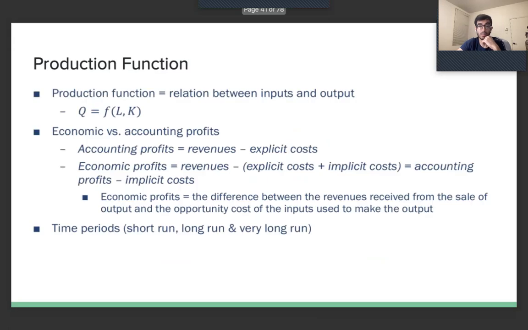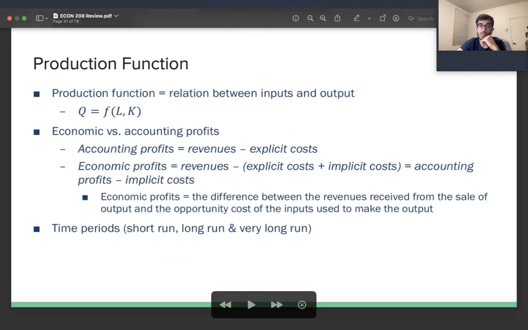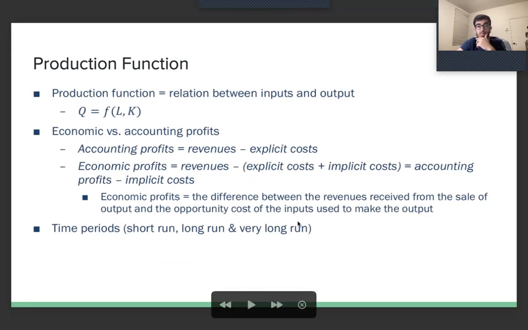Okay, let's move on to chapter 7. I'll have to kind of make it quick. So a production function is just a way of seeing how many units are produced in the economy, and it's a function of the inputs. And the inputs are labor and capital. You can have multiple inputs, but for simplicity, for now, let's say it's a function of labor and capital.